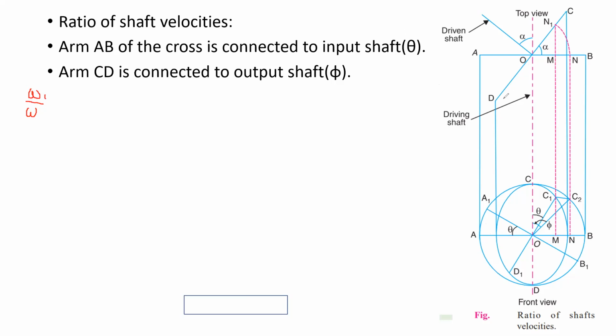See, in top view, you will see that this arm AB of the cross is turning in a horizontal plane. Okay. And this arm CD of the cross is turning in an inclined plane, as we have seen in the video. Okay. So it is the axis of the driven shaft.